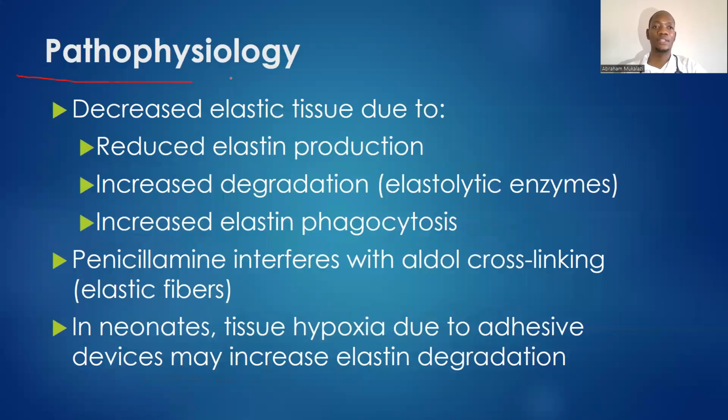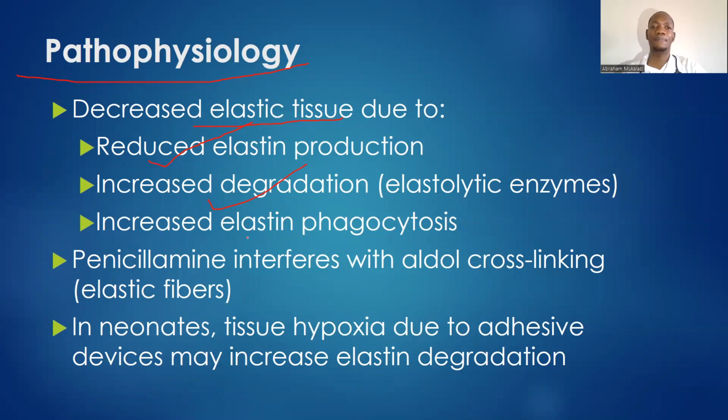As for the pathophysiology, currently there's no particular pathogenesis that has been described for this condition. However, it has been attributed to a decrease in the elastic tissue, though how this comes about is not yet certain. It can occur either through decreased production of elastin or increased degradation of elastin.